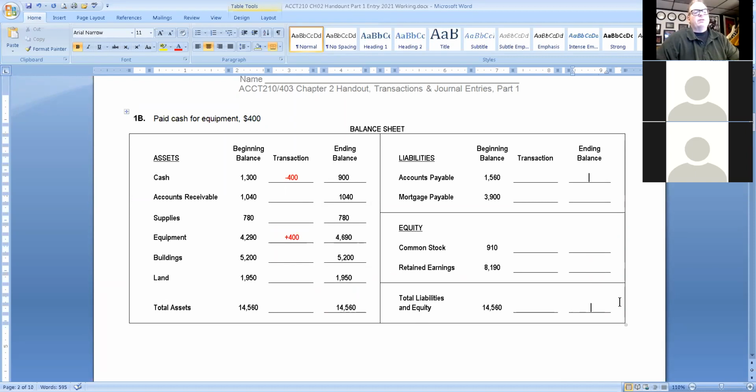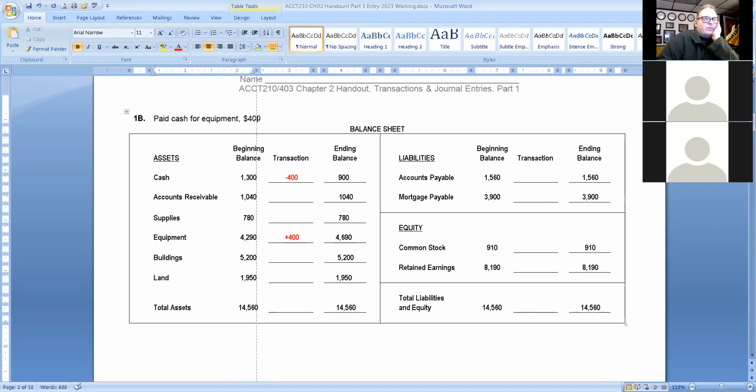One of the inefficiencies you can kind of see in the way we're doing it already is that putting all these accounts in is not really necessary when you're looking at a transaction.